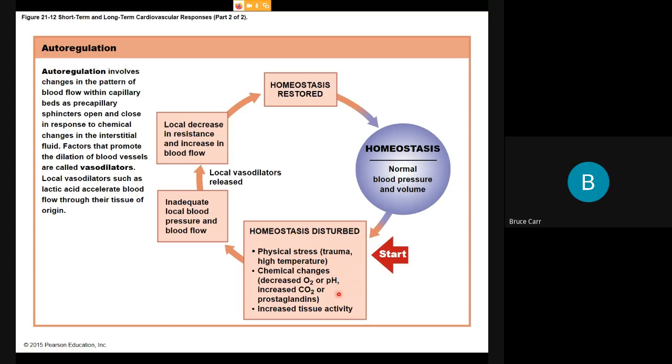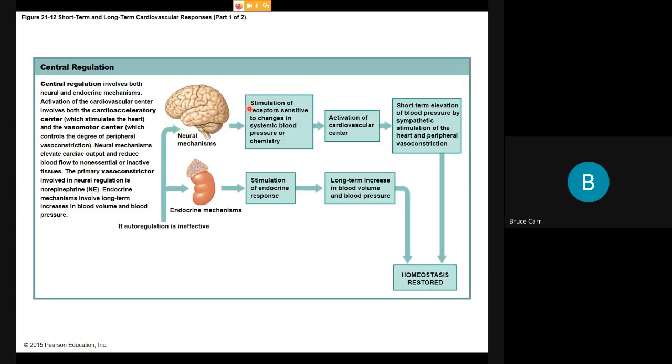Chemical changes inside the body, like oxygen or CO2 levels, and increased tissue activity like exercise. These basically, within a certain range, will work through cardiac output and vasomotion to keep homeostasis in place.